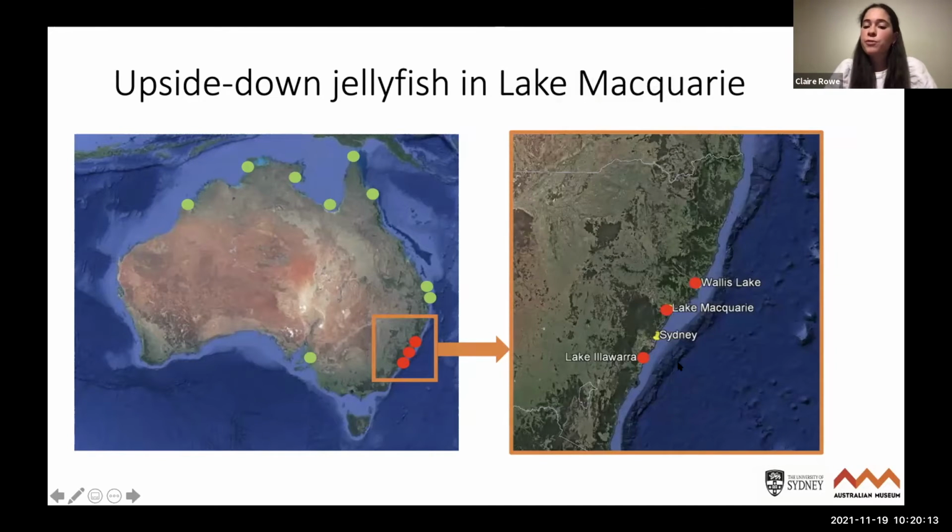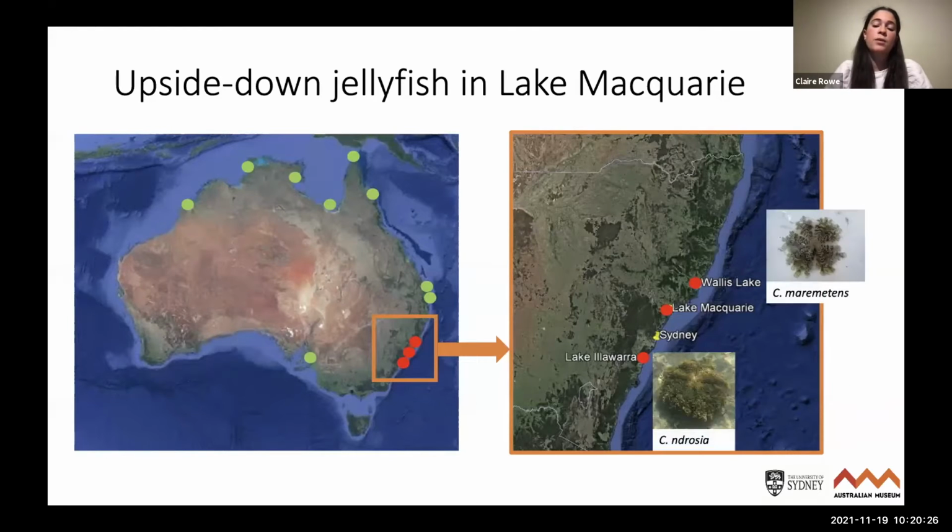So the jellyfish were first recorded in Lake Illawarra in 2009 and then Wallace Lake in 2014. And then a study done by my supervisors at the Australian Museum discovered through morphology that there were two species occurring. One being Cassiopea marimetans in Wallace Lake and the other Cassiopea nidrosia in Lake Illawarra.